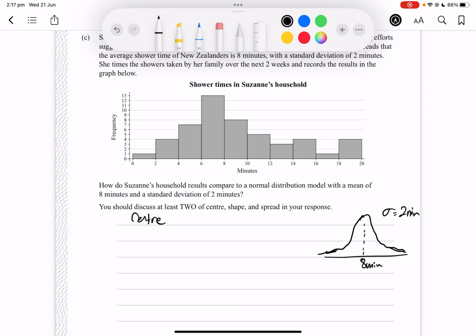And in terms of the center, let's look at the center of Suzanne versus the normal. And it looks like the center is approximately around 8.